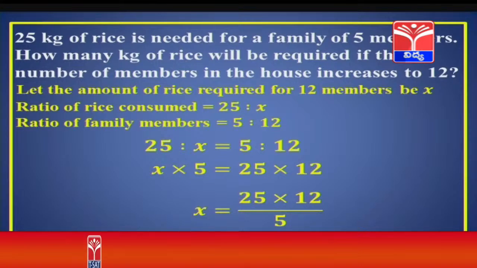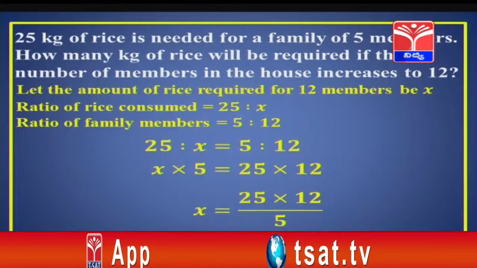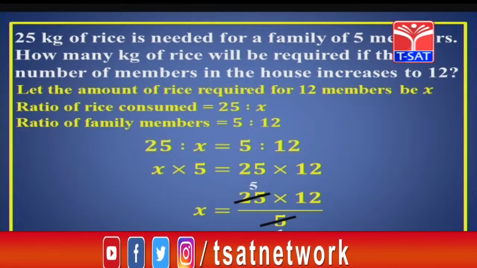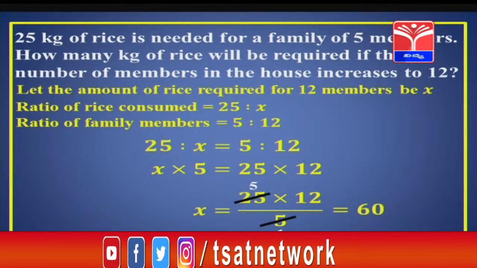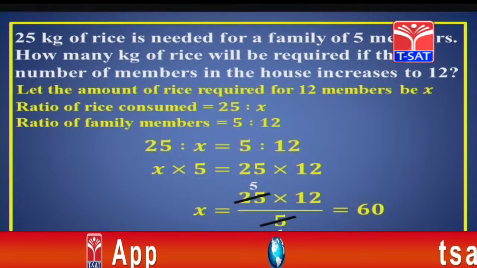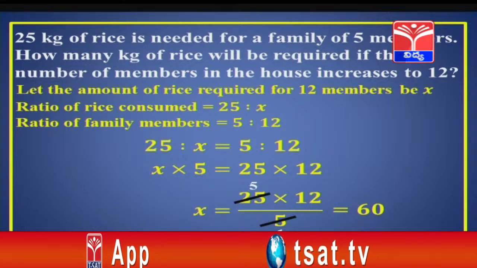Yes, x equals 25 into 12 divided by 5. 5 goes 1 time, and in 25 it goes 5 times. So, what is left, children? 5 into 12. What is 5 into 12? Yes, 60. That means, how much rice is required, children? Yes, we need 60 kg of rice.